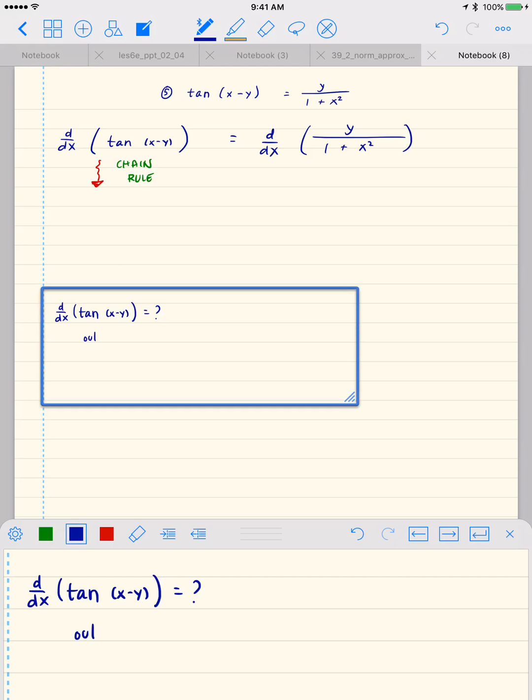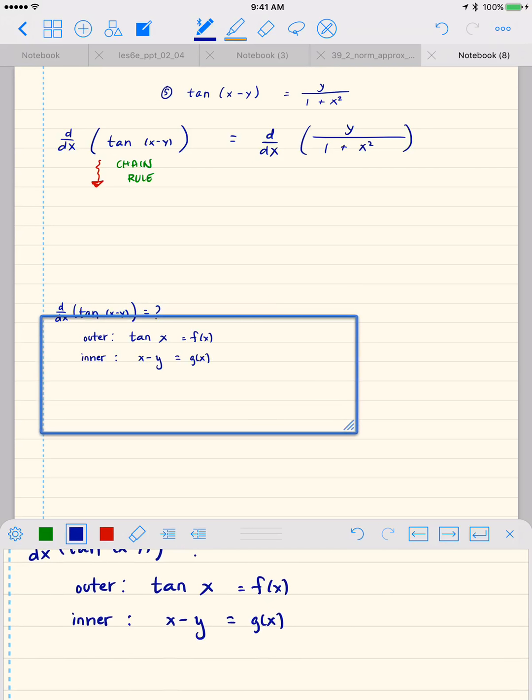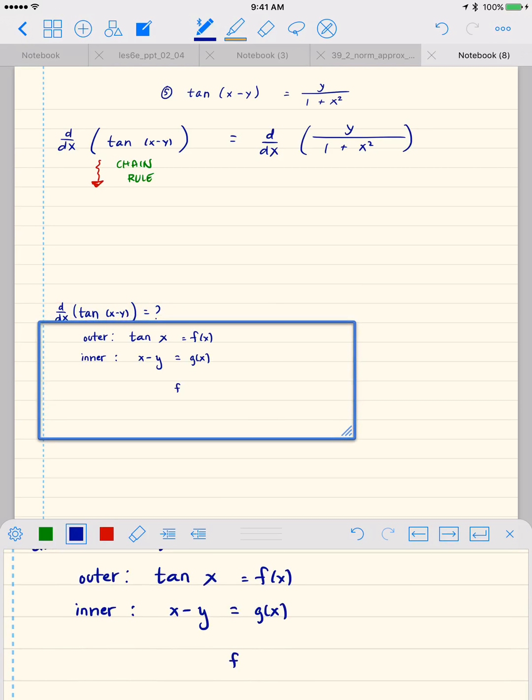What is my outer function? Outer function is just going to be tan of x. What is my inner function? Inner function is going to be x minus y. Okay? So, f of x is going to be tan x, and g of x is going to be x minus y. The next thing I need is f prime of x.